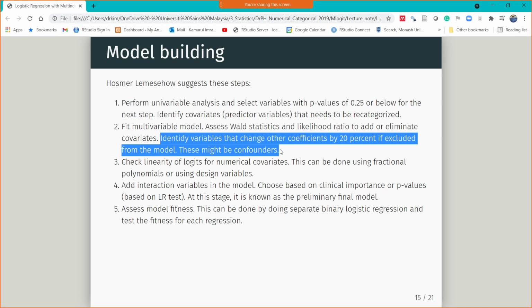So it is troublesome. To my knowledge, there is no package that can do this right away, so you separate this into binary logistic regressions and do a model assessment.